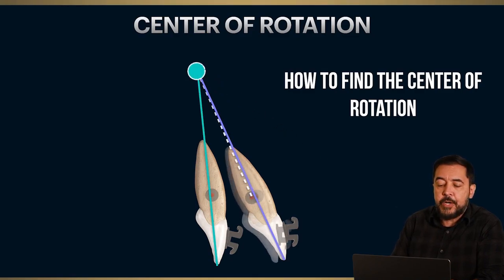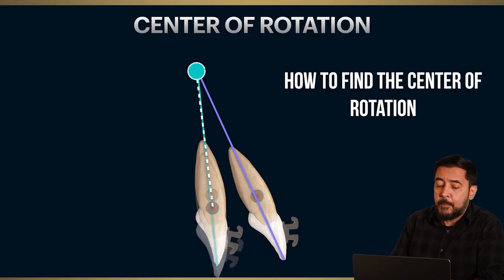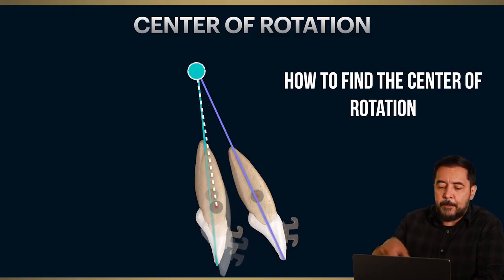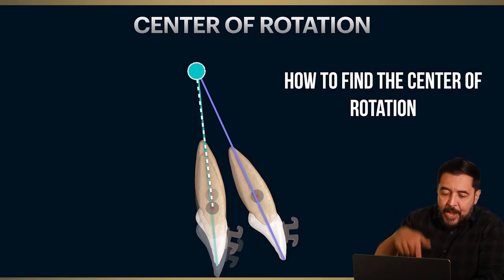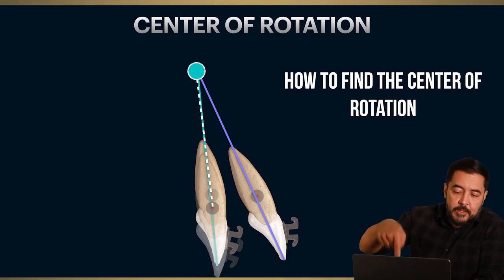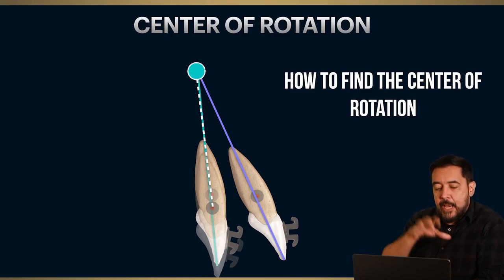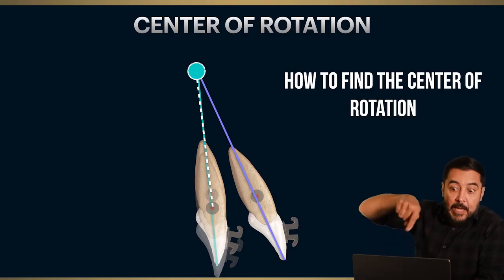For example, here I have the intersection between these 2 points of the long axis, but when I grab the same way the center of resistance and I do the swing of the pendulum, I can see that it's not a point, because it has to go downwards in this movement, this center of rotation, and the whole body and this kind of pendulum.